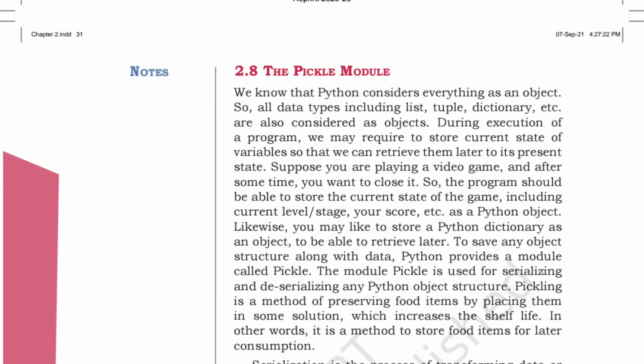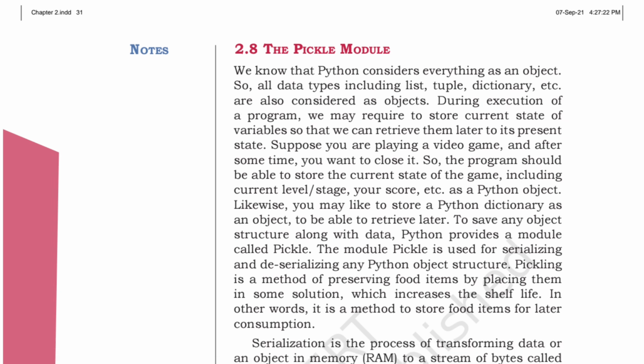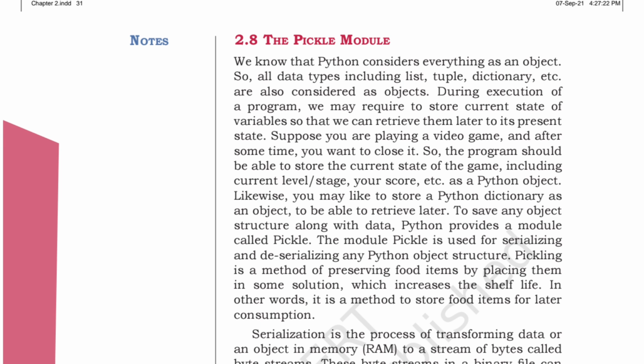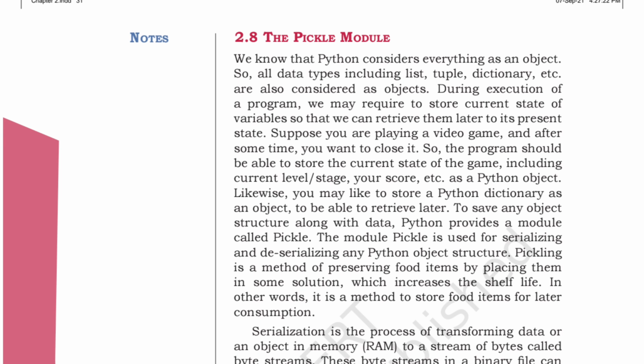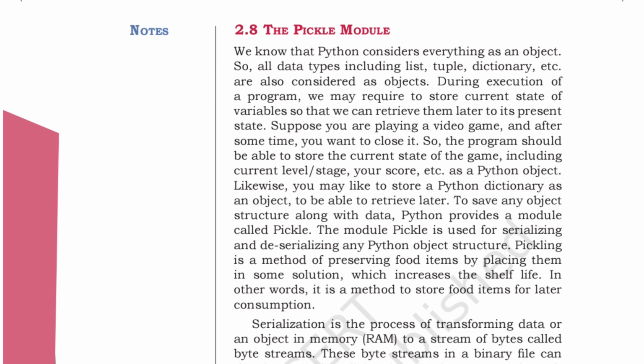Then the pickle module. What does the pickle module mean? The video game. We are taking an example of a video game, and it handles all the data types like tuples, dictionaries, lists. We take the current state of the game, including the current level or stage and your score, as a Python object.